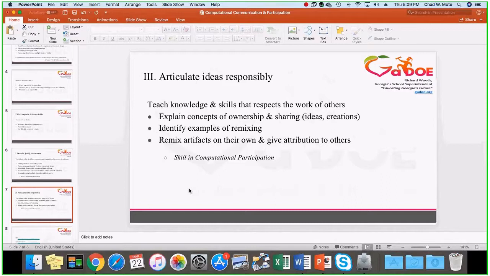And giving them zeros or punishing them is not going to get them where they need to be. But instilling in them a type of respect and understanding that that's not my idea, and that's not my project, and that's not my code, that's not my writing sample, that's not my presentation, is where it starts. That's where the solution lies.